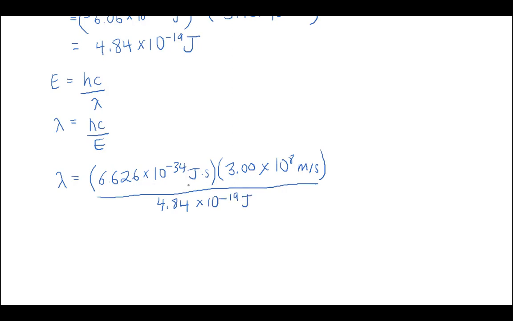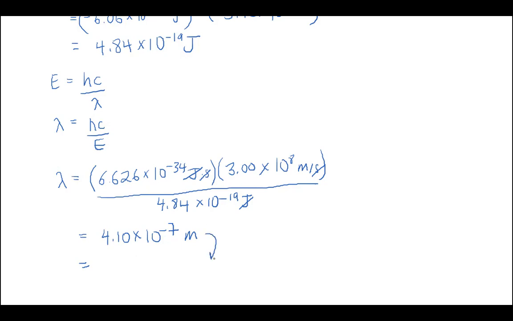Okay, so being very careful to do our calculation properly, we get 4.10 times 10 to the negative 7 as the numerical value. Looking at the units, our seconds simplify, our joules simplify, and so this answer is in meters. Now, to figure out if we can see this, what we need to do is look at it in nanometers, because that's what our electromagnetic spectrum is shown in.